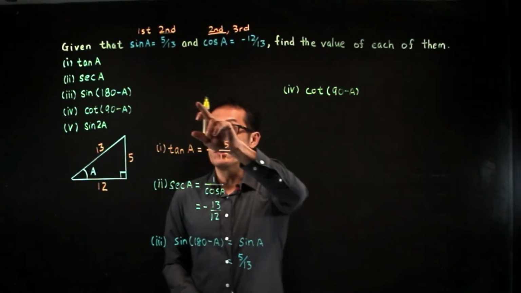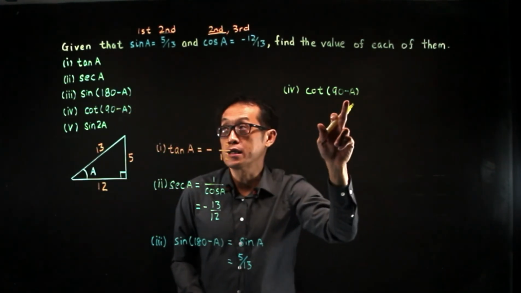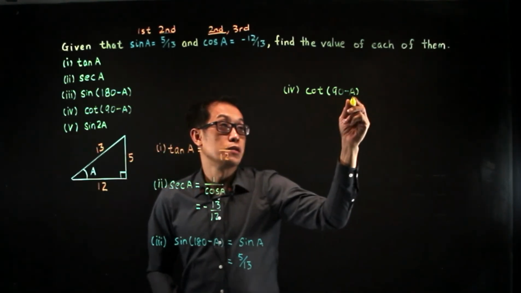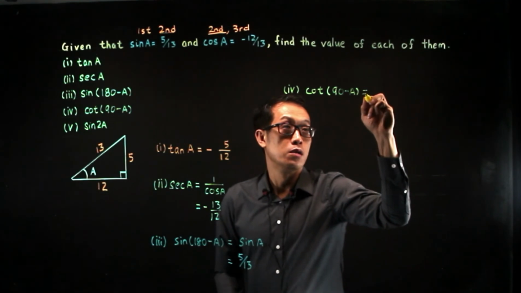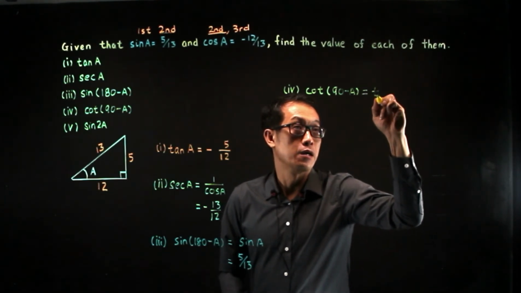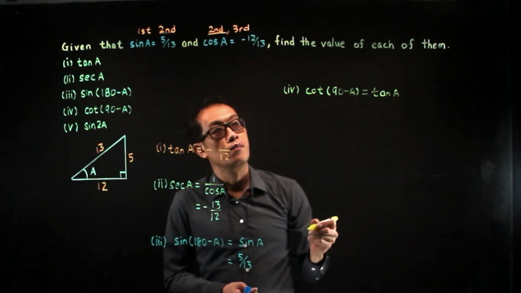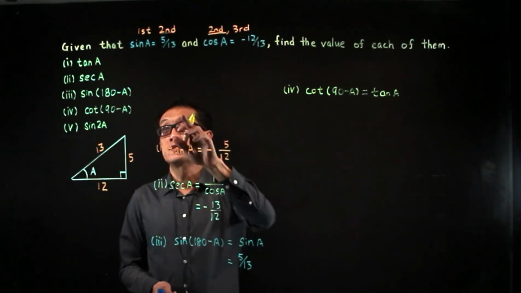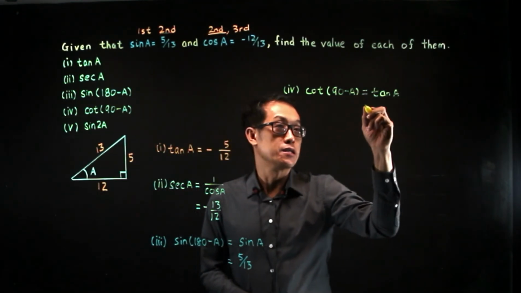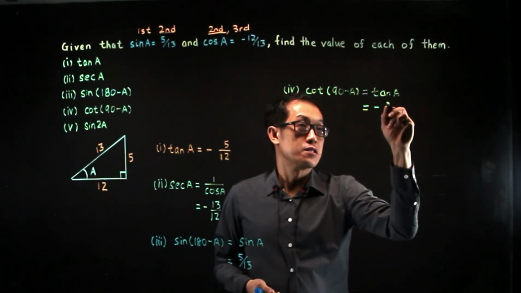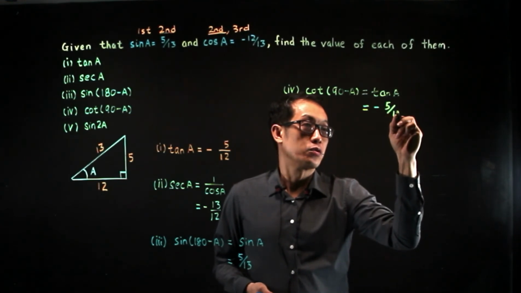So if this is A and this is 90 minus A, and they add up to 90, this will be equal to tangent A. What is tangent A? Tangent A is minus 5 over 12. So this is simply minus 5 over 12.